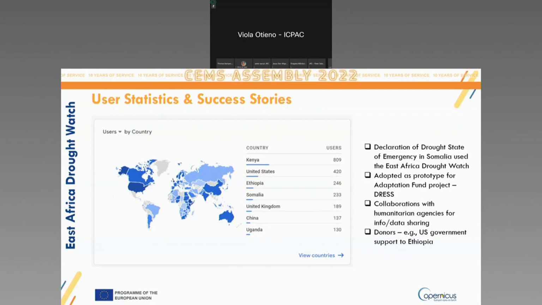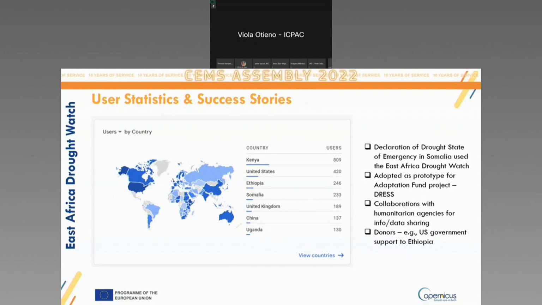In terms of the success stories, we got feedback that for the government of Somalia to announce a state of drought emergency last year, they used the system to have an idea of the intensity and the areas that are affected as well. The system has also been adopted as a prototype for an adaptation funded project, which is called DRESS.